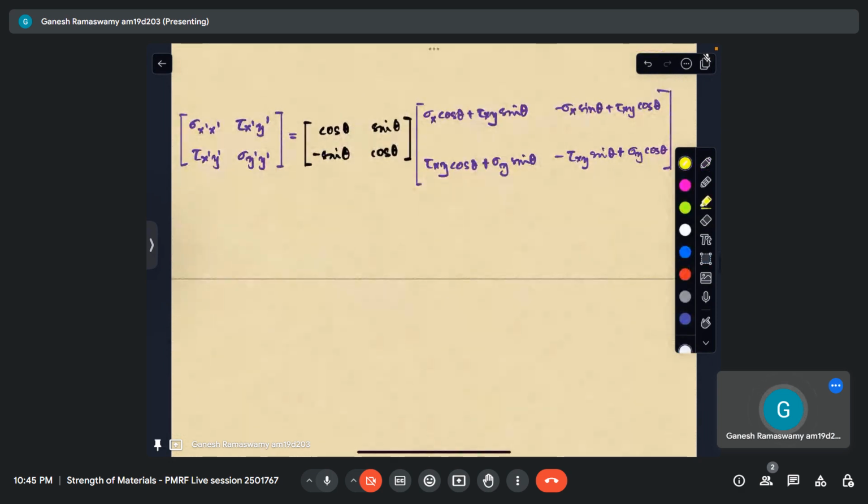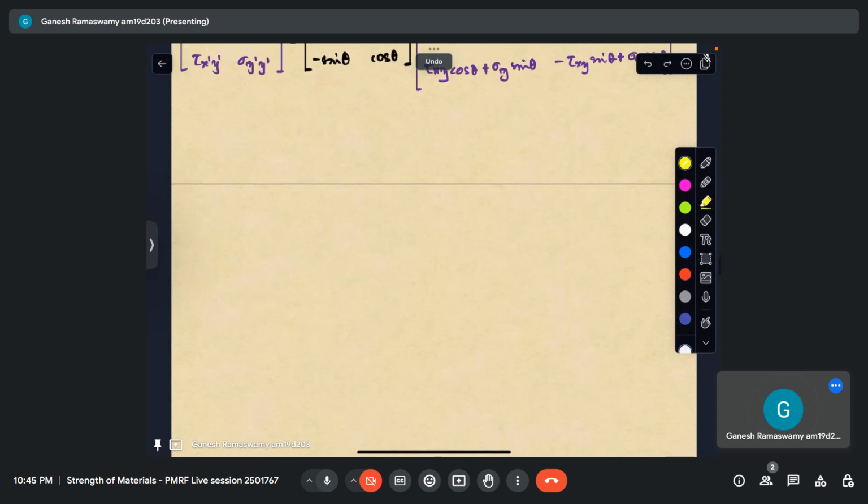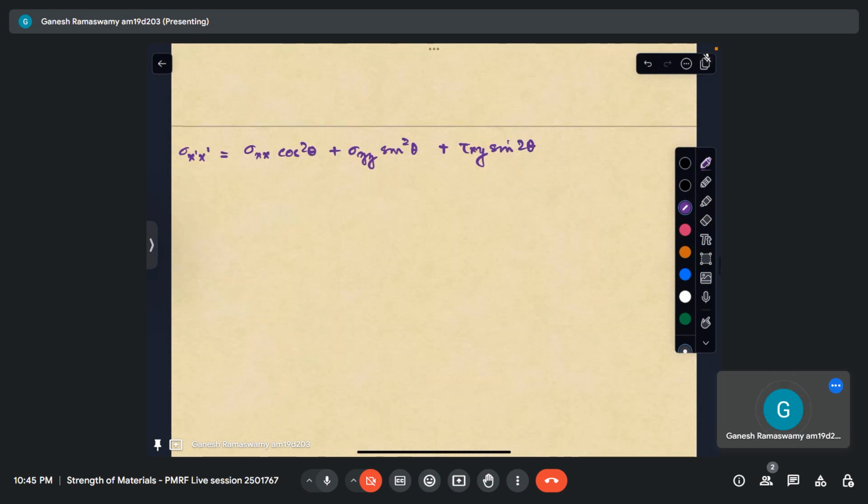From here, if I were to write this component and these components separately, what I will essentially get is sigma x prime is nothing but sigma xx cos squared theta plus sigma yy sine square theta plus tau xy sine 2 theta.